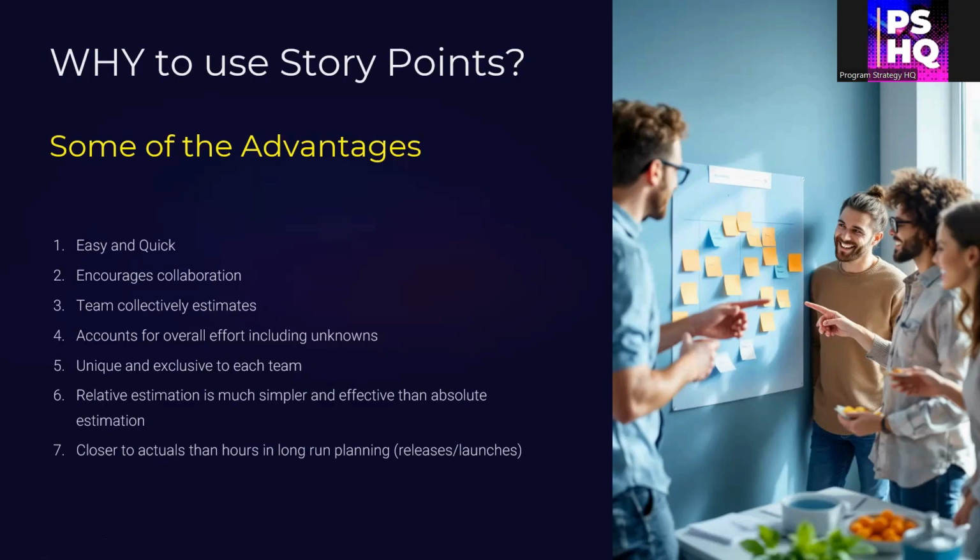But with agile story pointing, most of the time the actual duration is almost closer to what we had planned initially. This is for the releases and different launches we had. This is about the advantages of why we use story points.